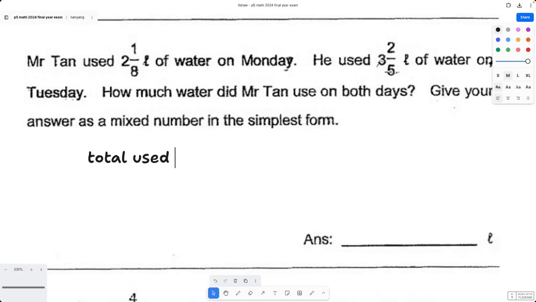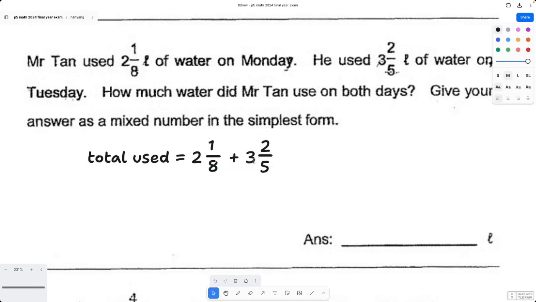total used is equal to 2 1/8 plus 3 2/5. From here we can separate these two mixed numbers.